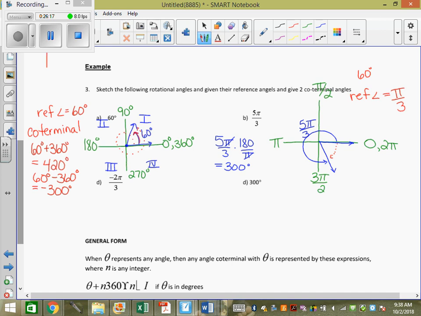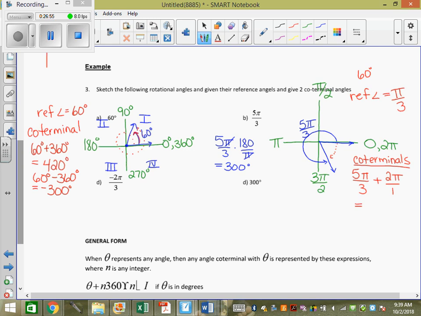You'll memorize them. Now, it's faster to do coterminal angles with radians by just keeping them in radians, adding 2 pi and subtracting 2 pi, rather than converting it to degrees, adding 360, and converting it back to radians. So if I take the original, which is 5 pi over 3, and do coterminals, and I add to it 2 pi. I want an exact value, so I'm going to leave the pi out of the mix.